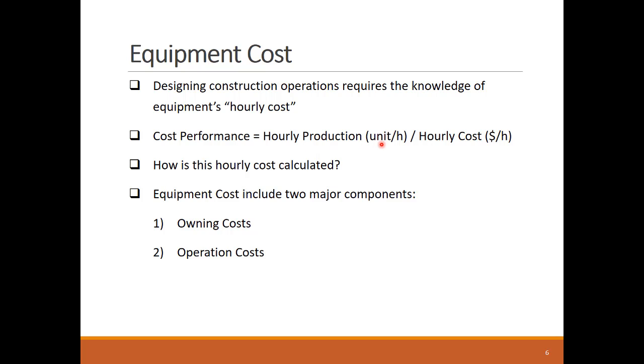So it's important to capture in that hourly cost all costs that relate to owning and operating an equipment. Let's check how to calculate the two main components of the equipment hourly cost, including owning cost and operation cost.